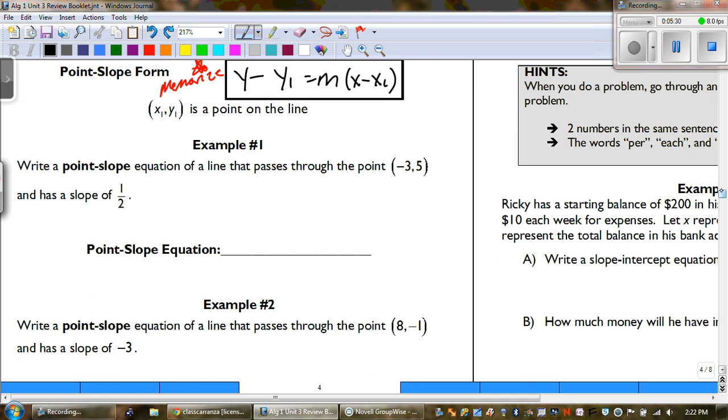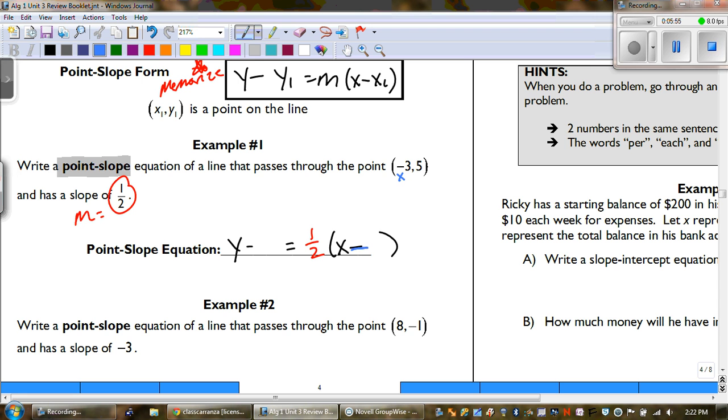Okay. So we got to be careful that we actually read the directions and see what it's asking us for. It's asking us for point slope. So that's all they want. And then we have to figure out what the slope is, 1/2, and then our points.